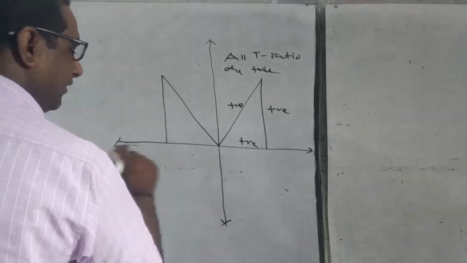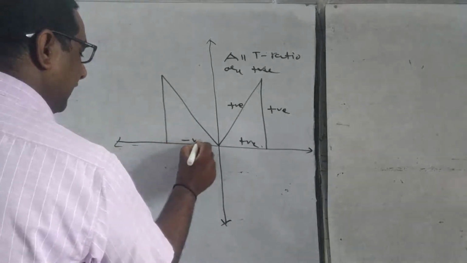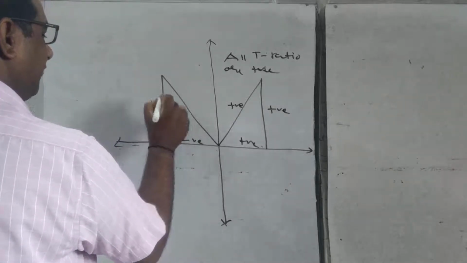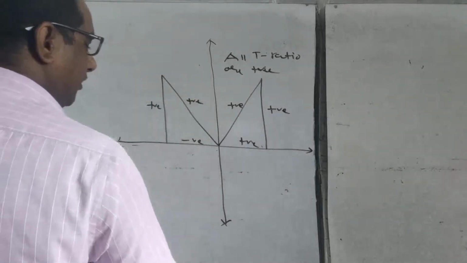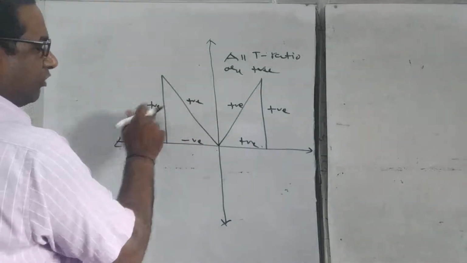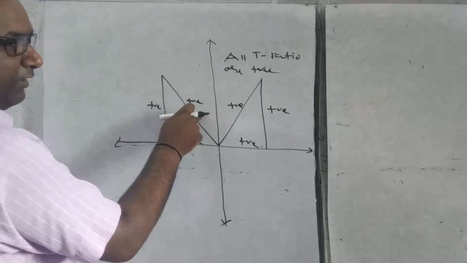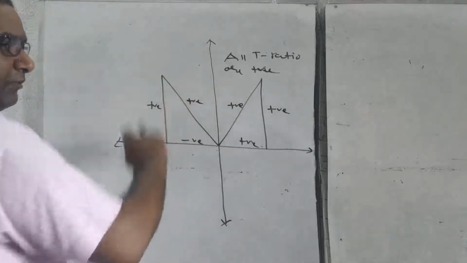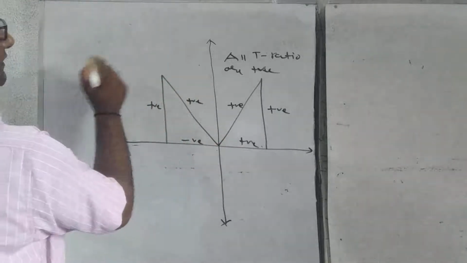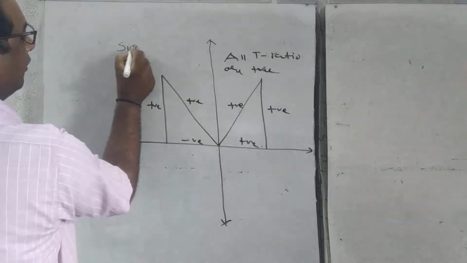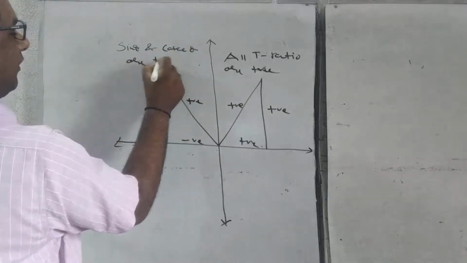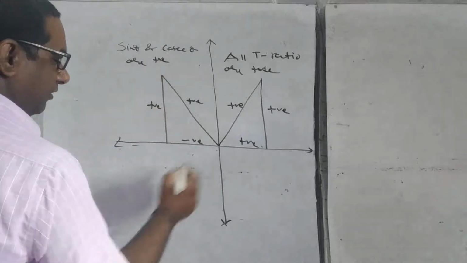In the second quadrant, the base is negative, the perpendicular is positive, and the hypotenuse is also positive. So perpendicular and hypotenuse are positive. Perpendicular upon hypotenuse or hypotenuse upon perpendicular is sine theta and cosec theta. So in the second quadrant, sine theta and cosec theta are positive and the rest are negative.